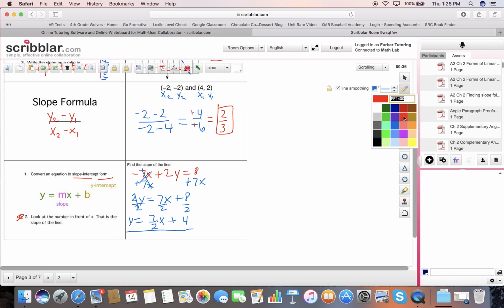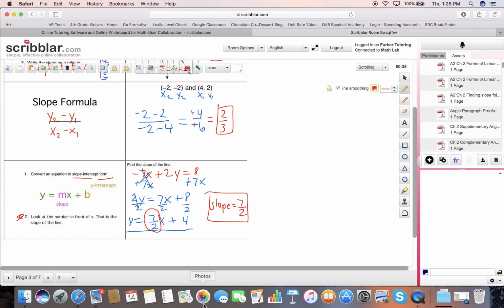If it's in slope-intercept form, all I have to do is look at what's in front of the x, and that's the slope. So the slope equals 7/2. So as long as you learn how to convert something to slope-intercept form, and you're going to learn this again too, we're going to do more practice examples, you can quickly and easily identify the slope. The problem is you might not be given an equation at all.